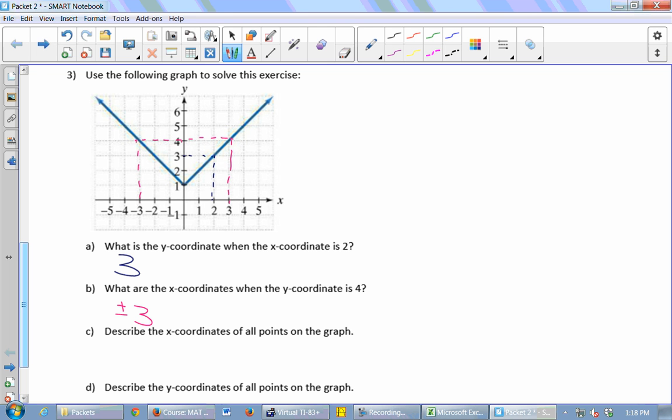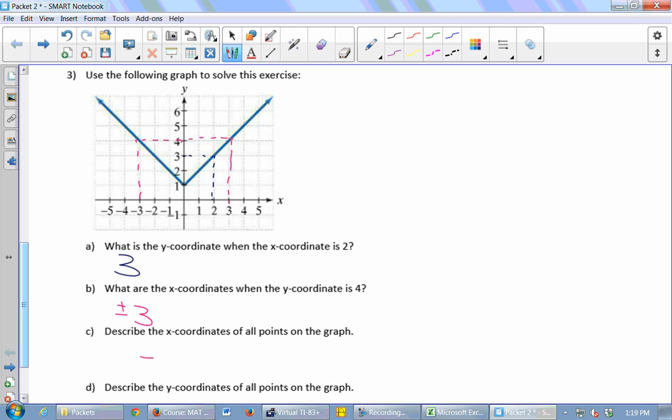And then if we want to describe the x coordinates of all points on the graph, are there any x coordinates that get left out? No. This graph lives on every single possible x coordinate. So if I was going to describe all the x coordinates of all the points, I would just say it's everything, like it covers everything.